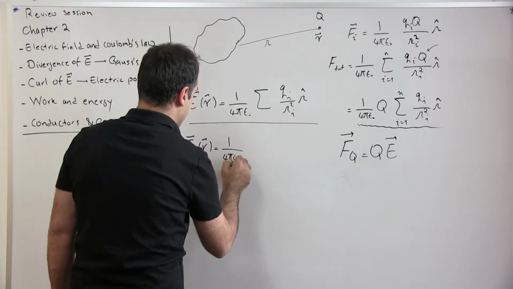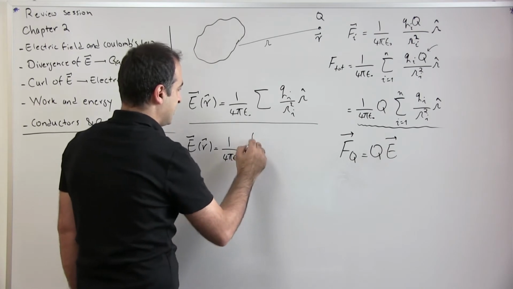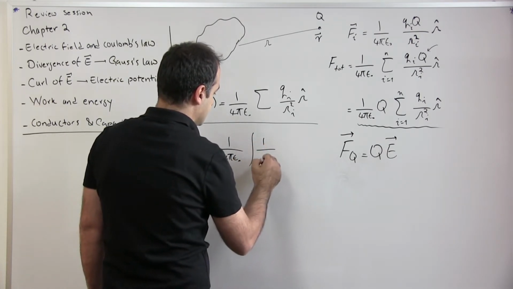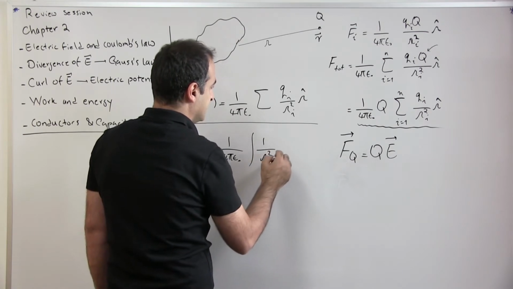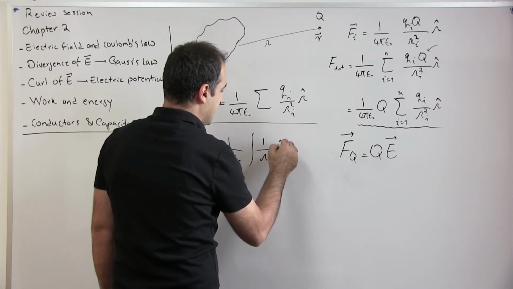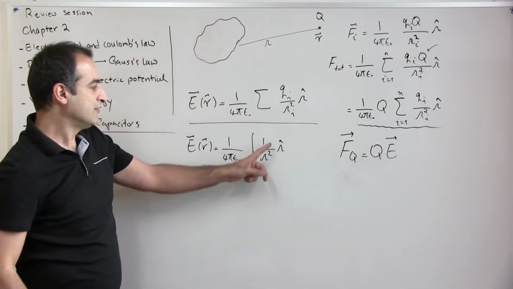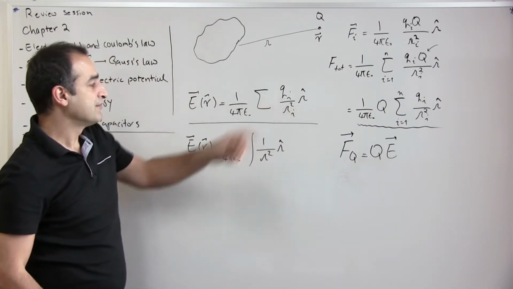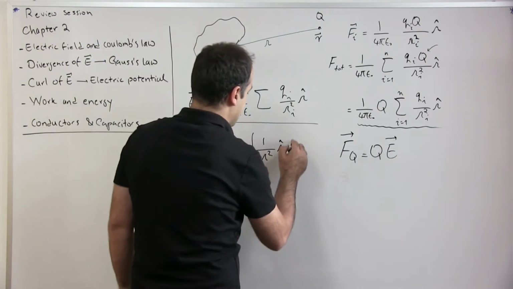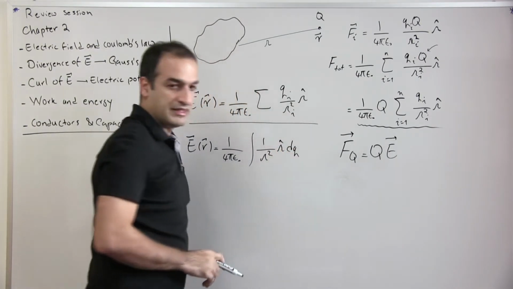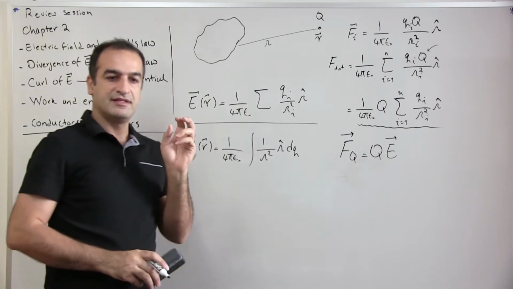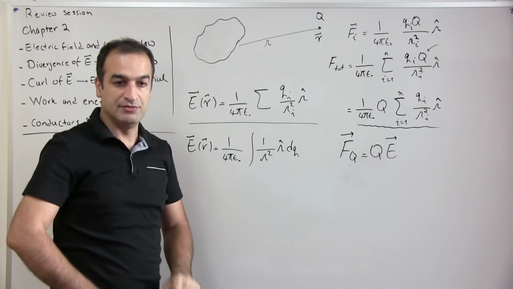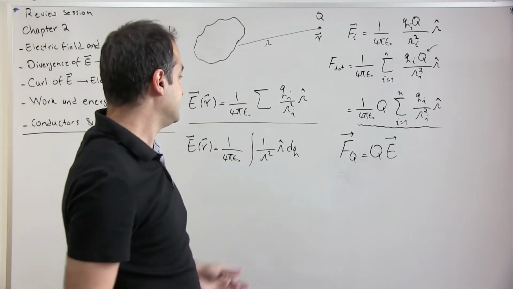We have the same factor, 1 over 4 pi epsilon 0. Now we have an integral of 1 over R squared times R hat. So 1 over R squared is the denominator here, and R hat is this R hat here. But instead of Qi, we will have dq, meaning the infinitesimal small charges that are creating the whole charge distribution up here. So what is dq?